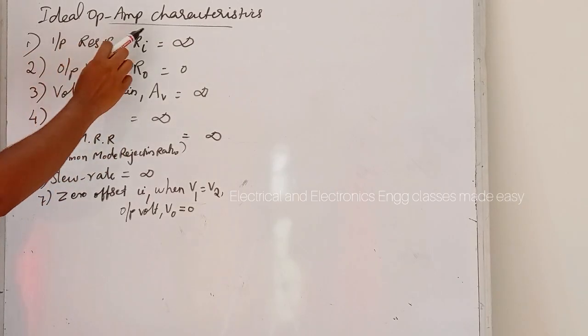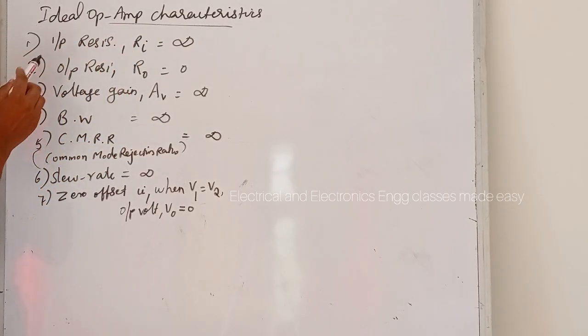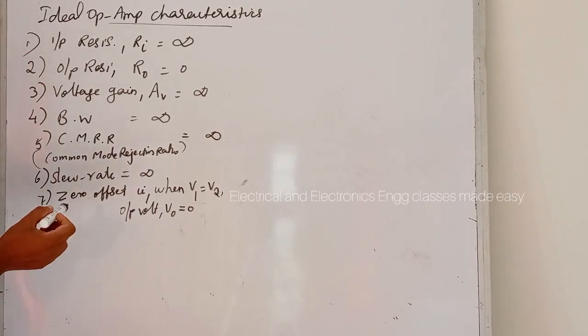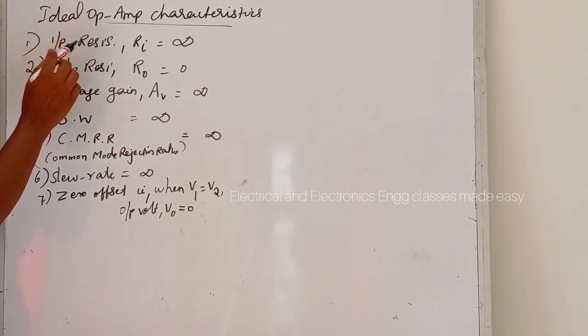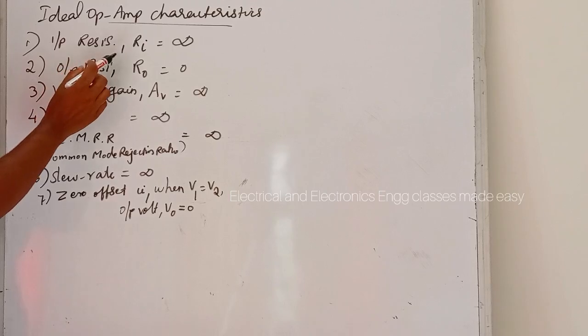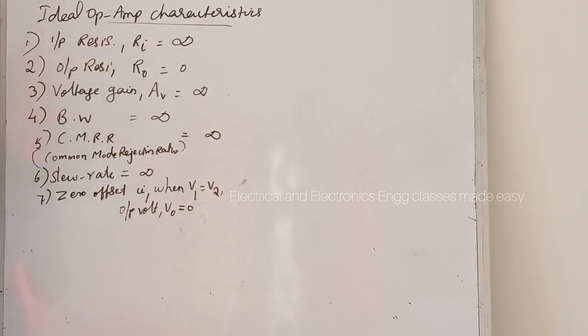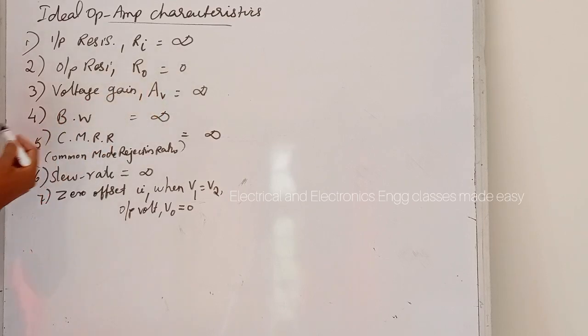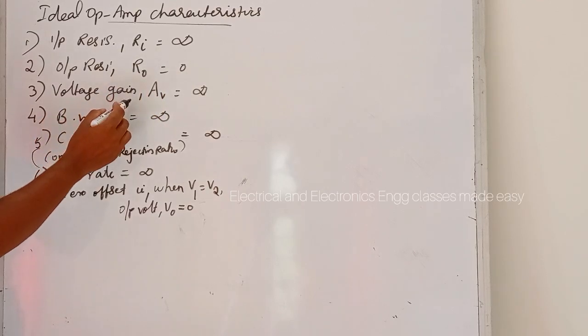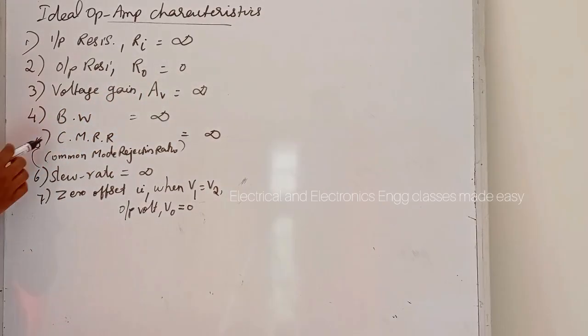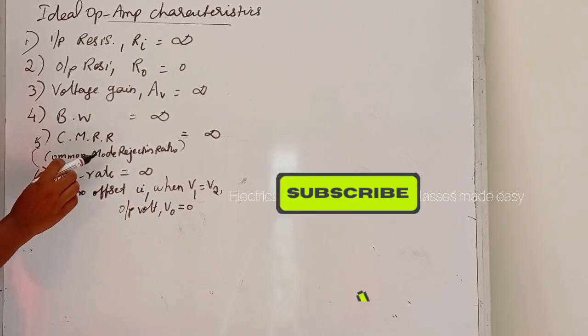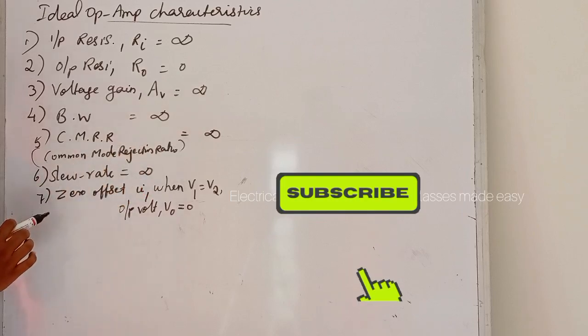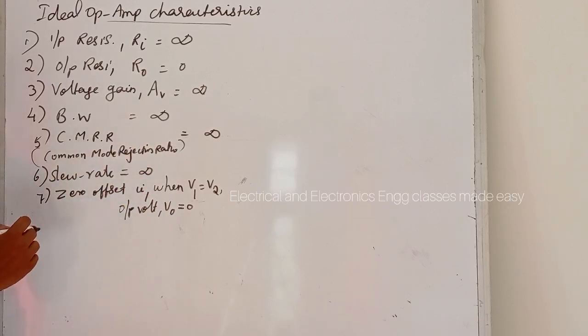Next is ideal op-amp characteristics. In an ideal op-amp, input resistance Ri is equal to infinity, output resistance Ro is equal to 0, and voltage gain A is equal to infinity. Bandwidth is infinity. CMRR, that is common mode rejection ratio, is infinity. Slew rate is infinity.